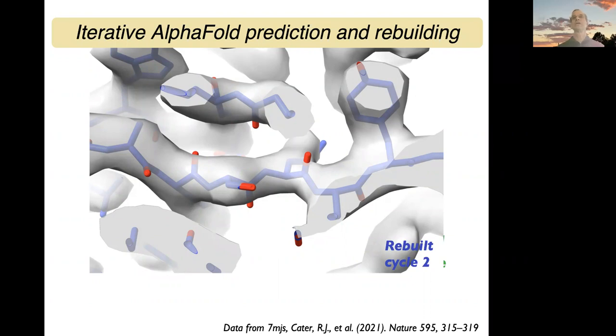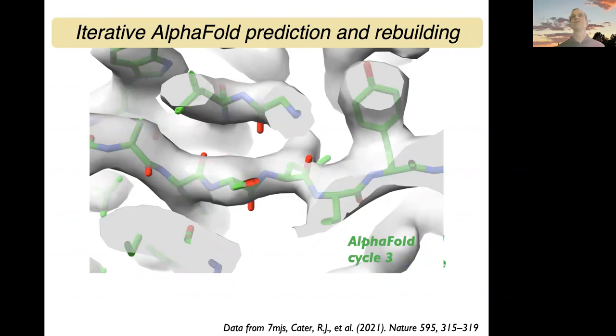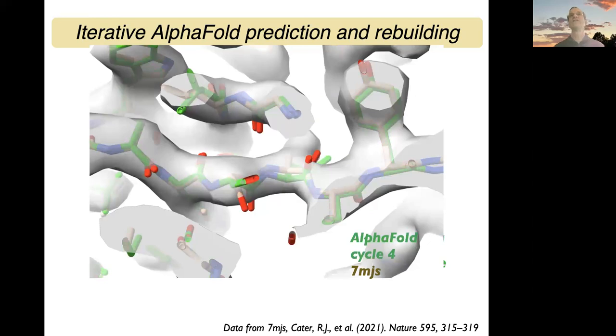Now we use this as a template. And there's our new AlphaFold model. Doing another cycle. There's our final AlphaFold model. And this AlphaFold model matches the deposited structure very closely. Now, don't get the idea that this is always going to work so perfectly, right?